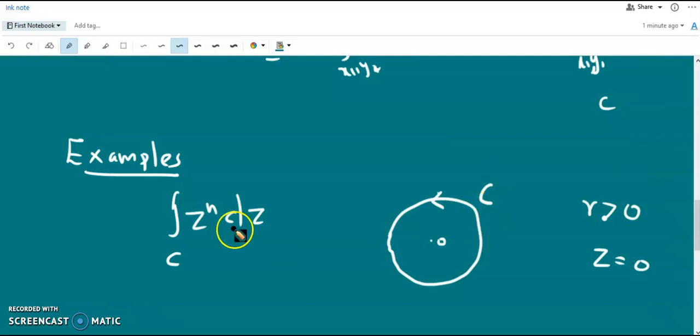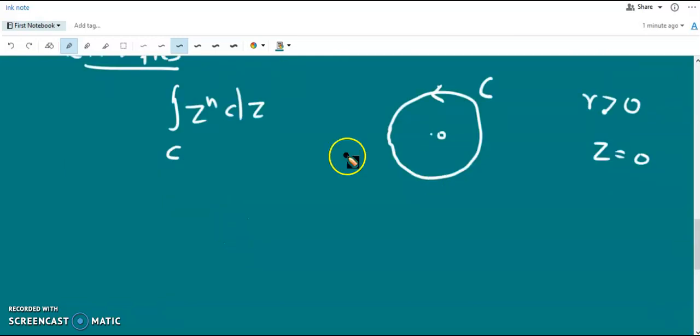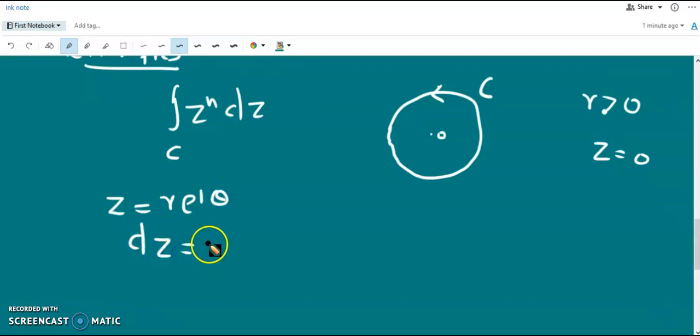For this we have to use the parametric form. We know that in the parametric form z is equal to r e to the power i theta, and therefore dz is equal to i r e to the power i theta d theta. So we are taking the derivative of z with respect to theta. r is a constant here. Now we have two cases.